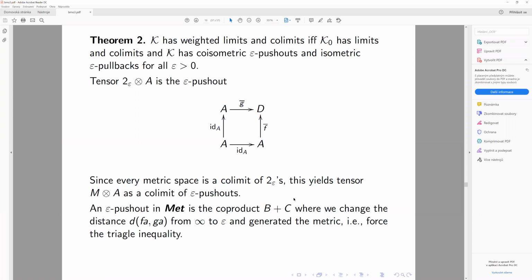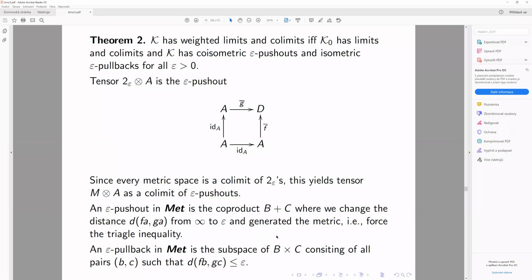In metric spaces, you take the coproduct, and you change the distances from infinity, because in a coproduct, between points in different components, the distance is infinity. So you take it to epsilon, but then you don't know that you get a metric space, because you need the triangle inequality. So you force it: you generate a metric to force the triangle inequality. It can be done. So this is a description of epsilon push-outs.